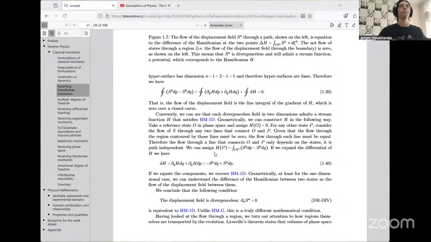Okay, so we're trying to re-understand the Hamiltonian itself at this point, not as energy, but just as a geometrical property of flows through essentially surfaces, paths that connect the states.